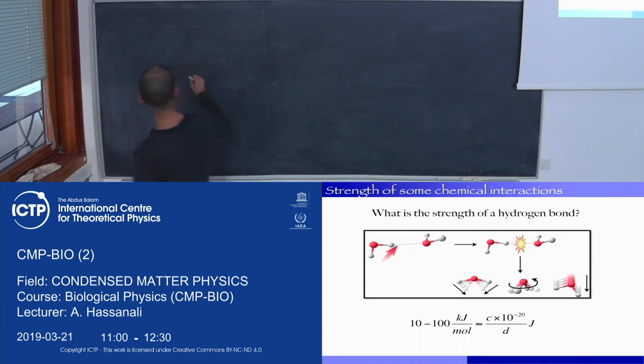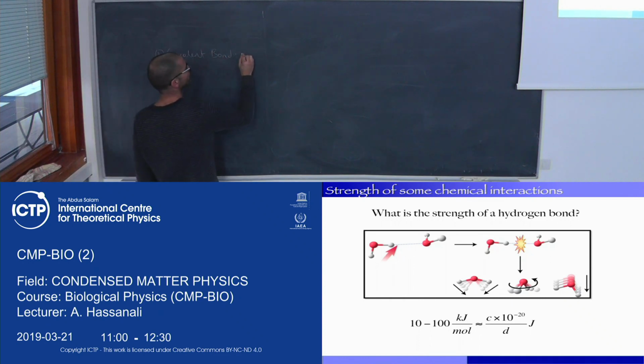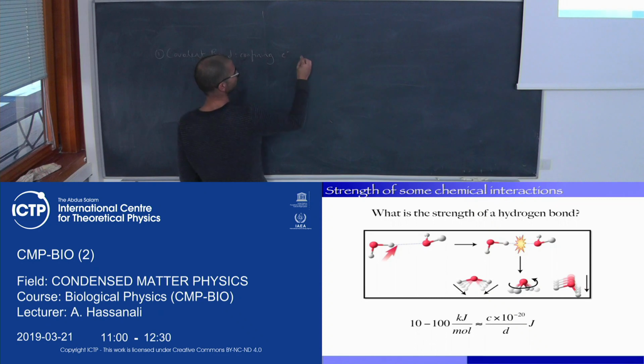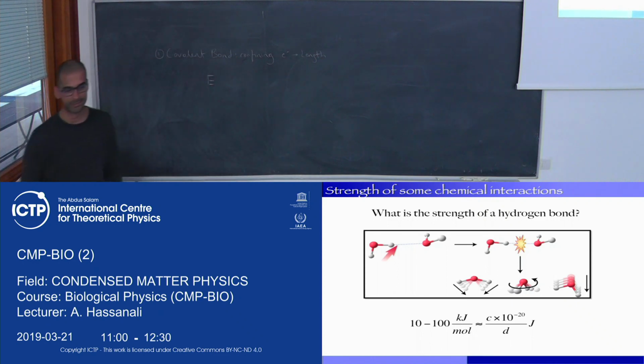So for a particle in the box, I'm looking at the covalent bond, confining the electron to a specific length. Okay, so how does it go?